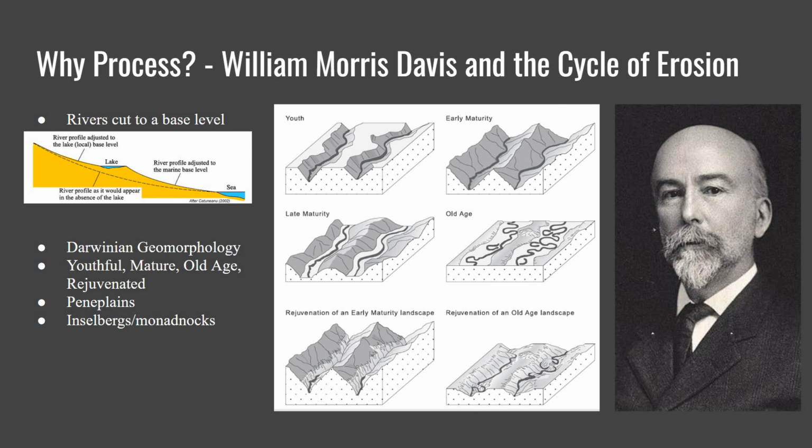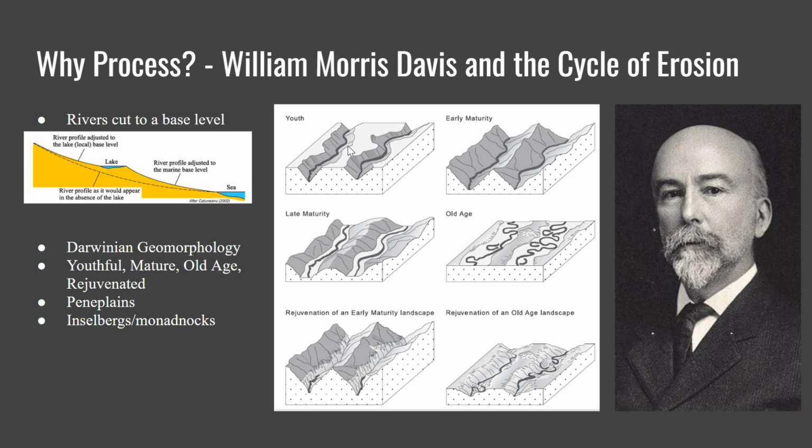Well, to demonstrate this, I'll give you an example of geomorphology without processes, which is William Morris Davis's cycle of erosion. Davis's theory had a Darwinian approach to geomorphology, where landscapes evolved over time, from a youthful state to a state of old age.